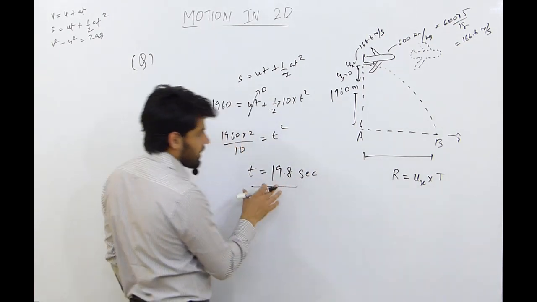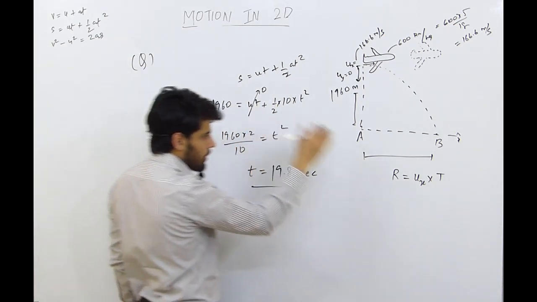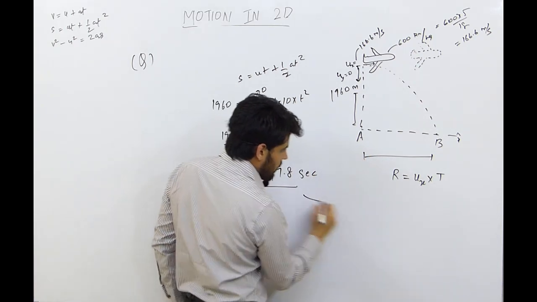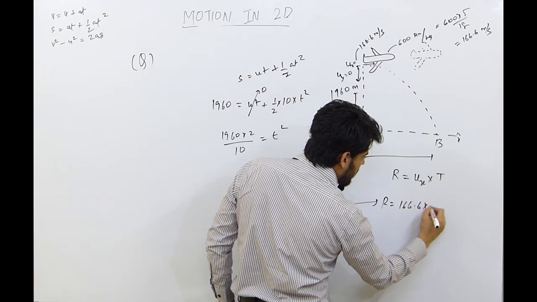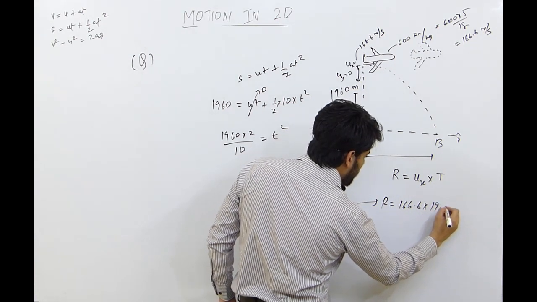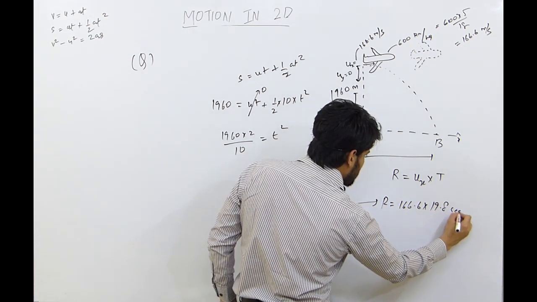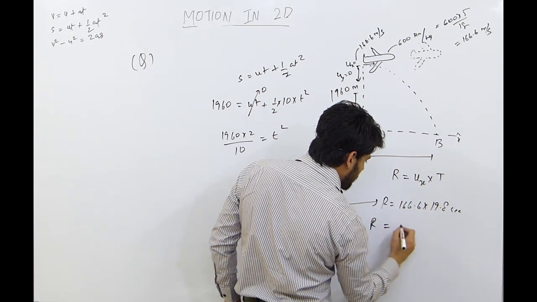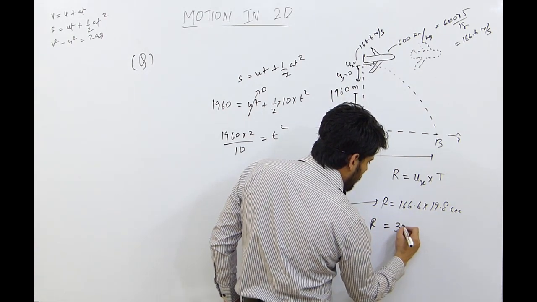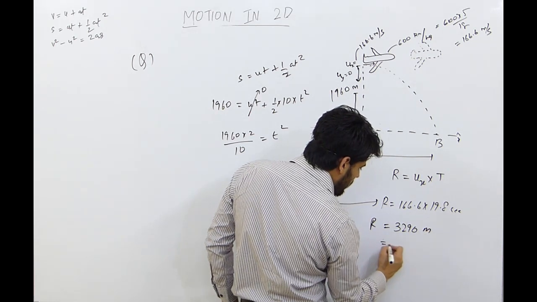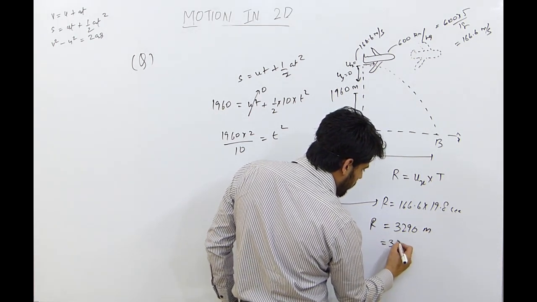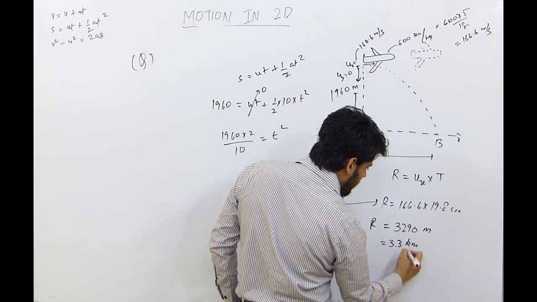So this is the time taken for the bomb to reach the ground, and for the range we put this value: R is equal to 166.6 into 19.8 seconds. So the range comes to about 3290 meter, which is about 3.3 kilometer.